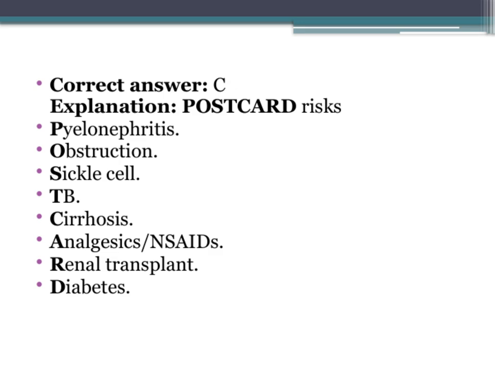Diabetes is a major risk factor because high blood sugar levels can damage the small blood vessels in the kidneys over time. Understanding these risks helps us recognize the importance of monitoring and managing these conditions to protect renal health. It's a key part of the overall theme of preventing kidney disease and ensuring optimal patient care.